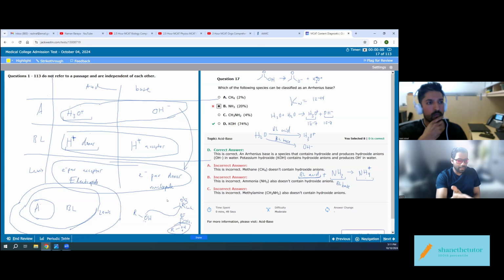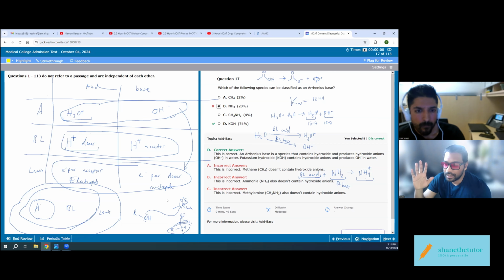So the base will just want to be positive, and it can be positive either by accepting a positive charge like a proton, or by removing negative charges like electrons.